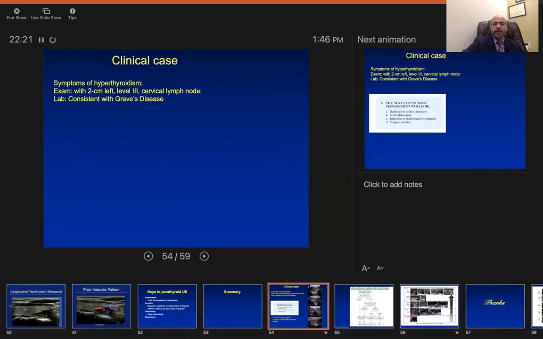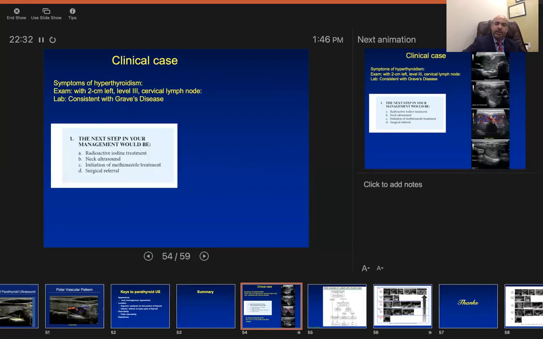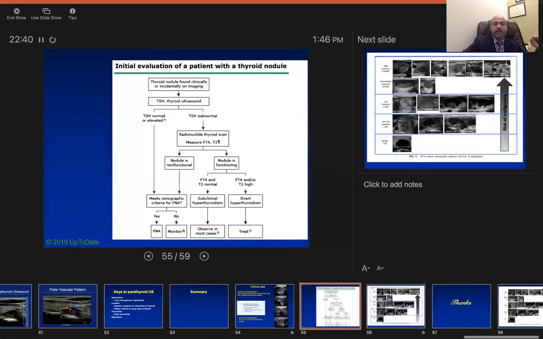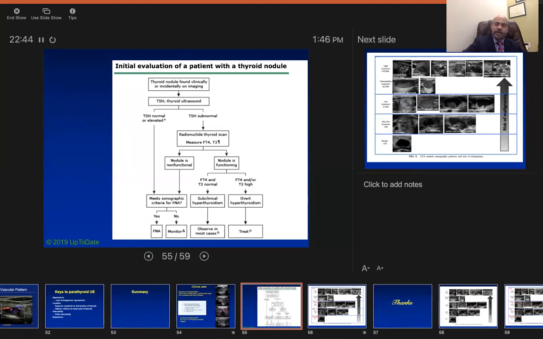In summary, the take-home points that I want all the house staff to remember are these three. First, history and physical examination, as highlighted by this case of Graves' disease with a metastatic lymph node. The second point is to remember this algorithm when we are deciding.